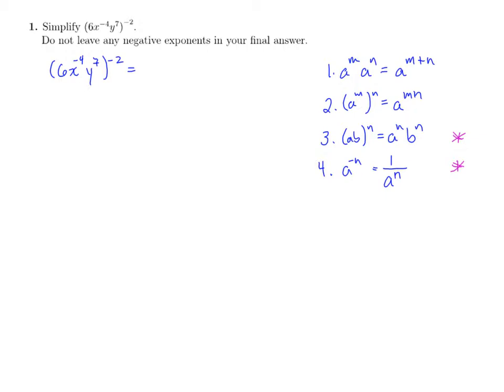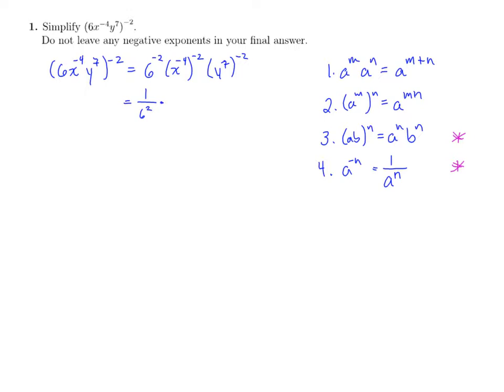So what that says is that I can turn this into 6 raised to the negative 2 power times x to the negative 4th, raised to the negative 2 power, times y to the 7th, raised to the negative 2 power. From here, I know that according to the rule for negative exponents, I can turn 6 raised to the negative 2 into 1 over 6 squared.